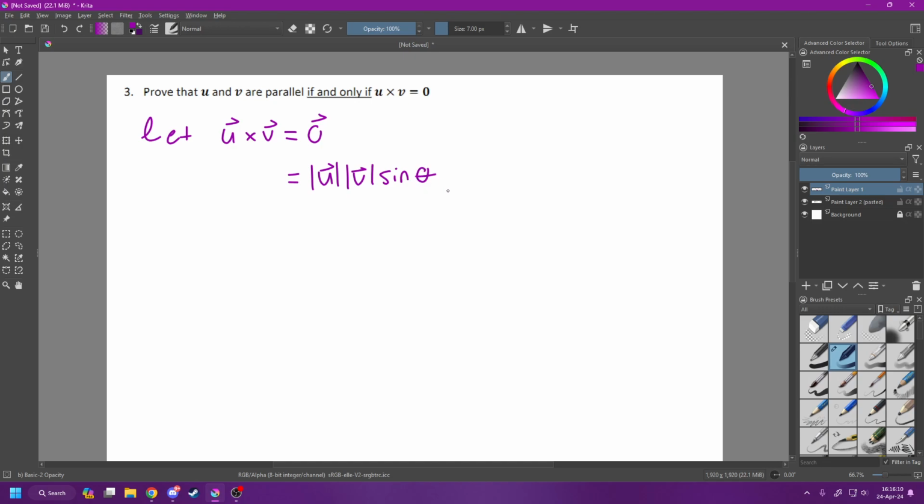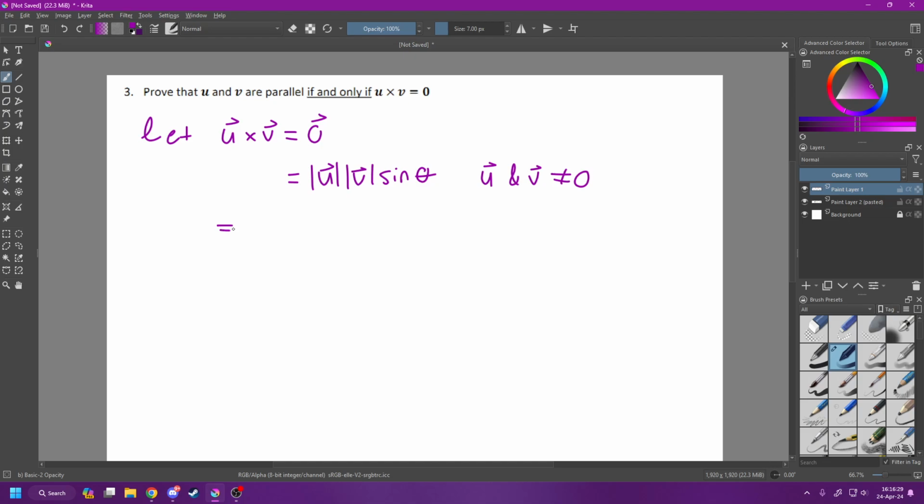In this equation, for our case, vector u and vector v cannot be equal to 0 because they have to have a length in order for them to actually be parallel.